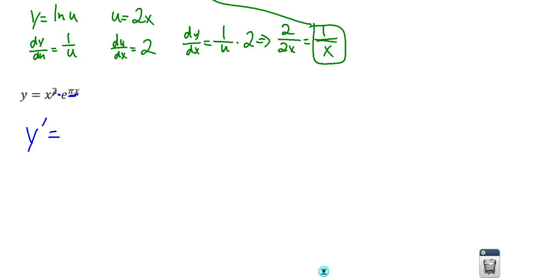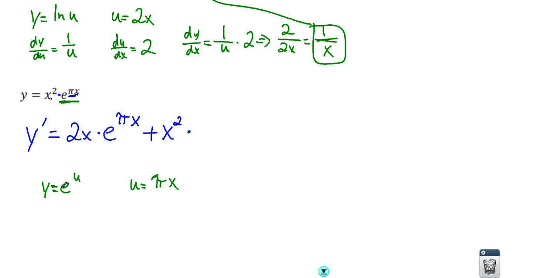So y prime, the derivative of the first is 2x times the second, e to the pi x, plus x squared times, and now is where I'm doing my chain rule. Notice I don't have to do chain rule until I get to this point in product rule. And again, u is my inside, so it is pi x, y equals e to the u. So dy over du equals e to the u.